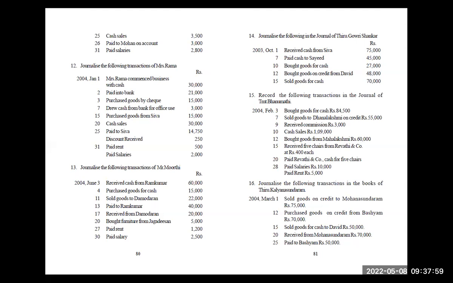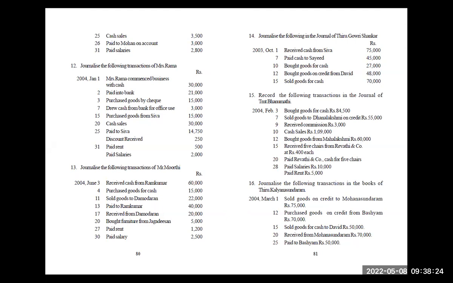Before that, we just have a recap of what you have done in the previous classes, that is journal. Please try journalizing these transactions. Don't just tell me the answer. Work it out, because in the exam you're going to write on paper with a pen, so try practicing that right now.